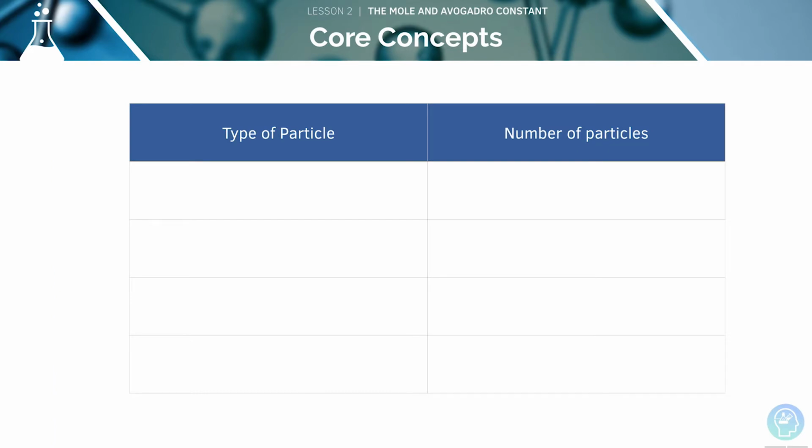Let's fill in this table to cover some core concepts. We'll start off by looking at atoms. Let's look at 1 mole of hydrogen atoms. We know that 1 mole will be 6.02 times 10 to the 23 atoms.